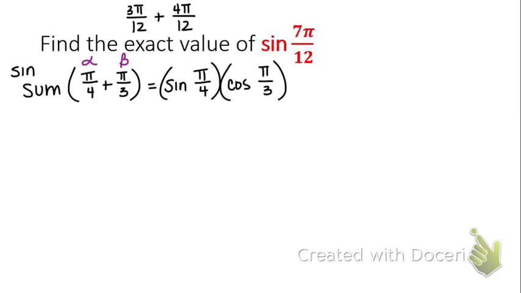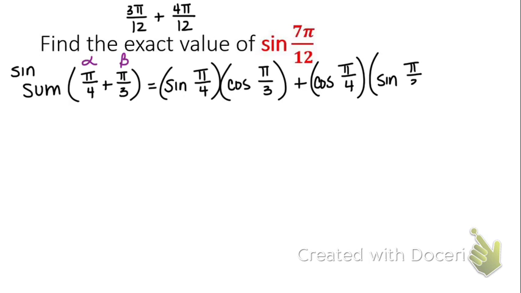And then what does it tell me to do next? Do I add or subtract? You're going to add the cosine of pi over 4 and multiply that by the sine of pi over 3.